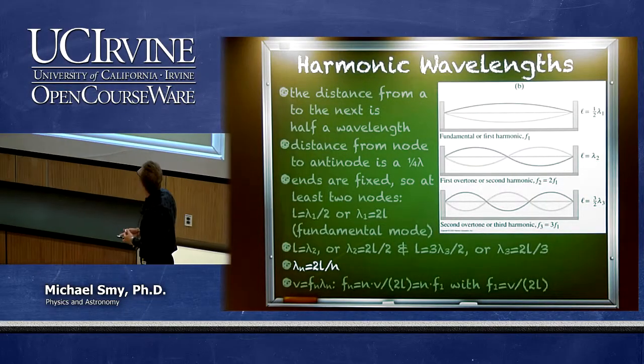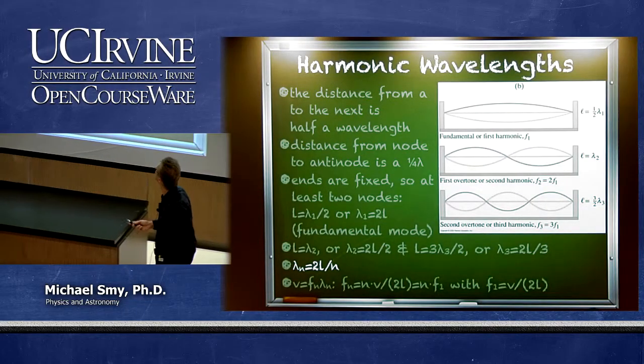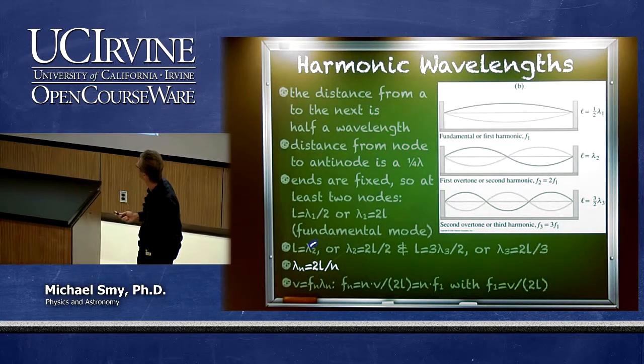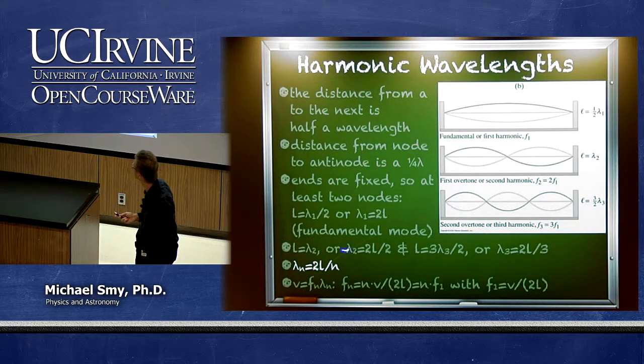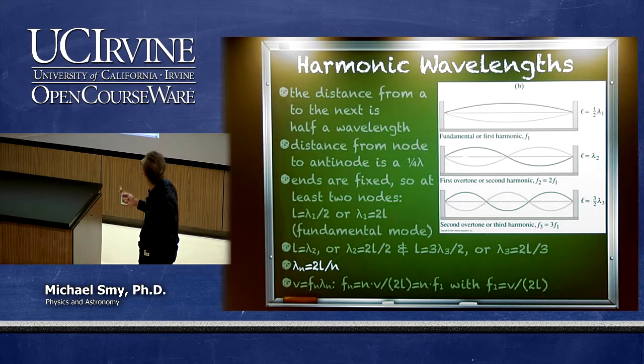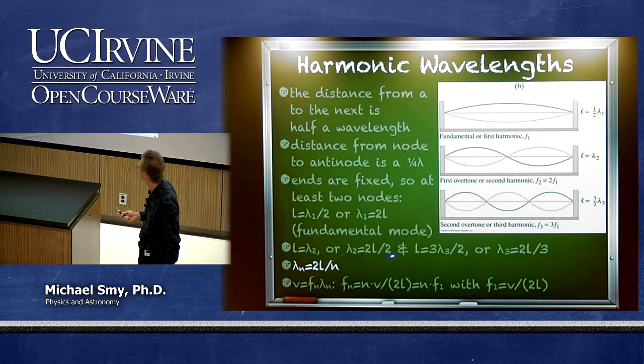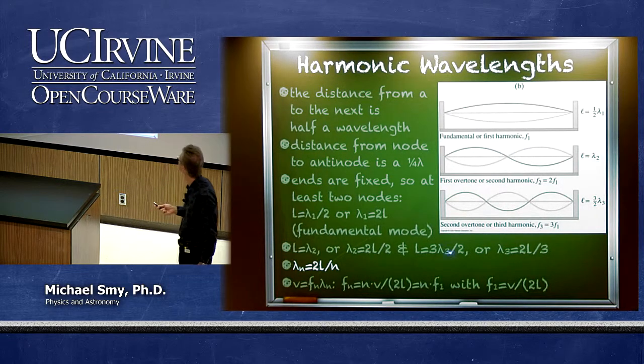If we now look at the overtones, then for the second harmonic, the first of the overtones, we fit exactly 1 lambda inside this box, and we get that lambda 2 equals 2L over 2. And this is actually a general formula.